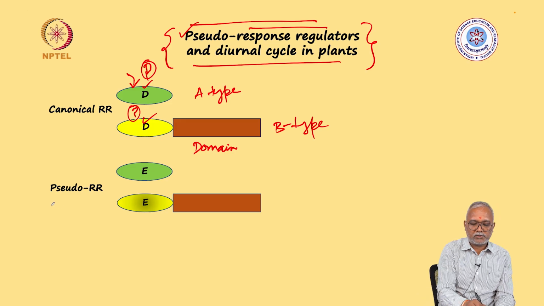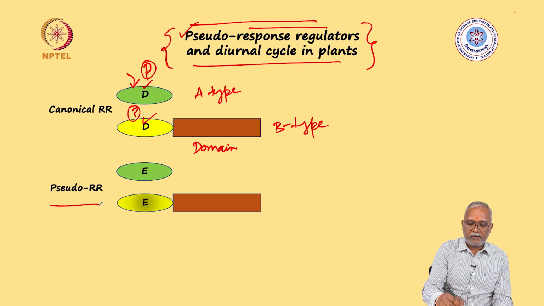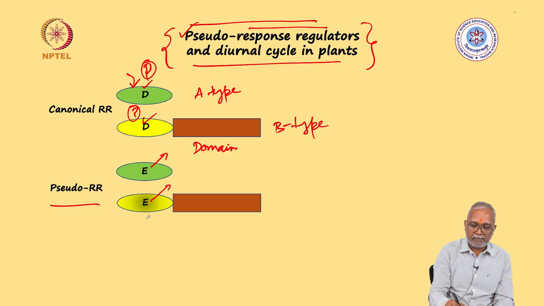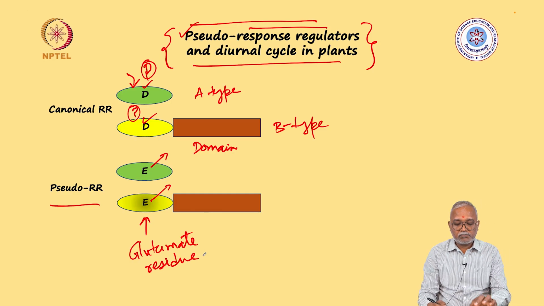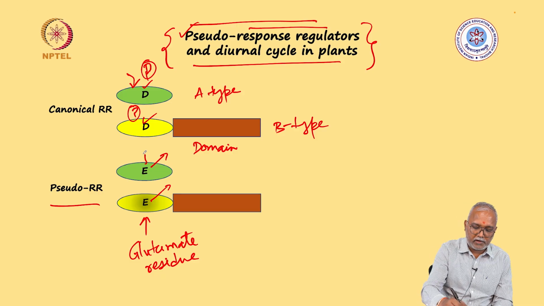The pseudo response regulators have a mutation here, and instead of D as the aspartate residue as a receiver, you have the glutamate residue. Now this molecule will not be able to receive the phosphate group.